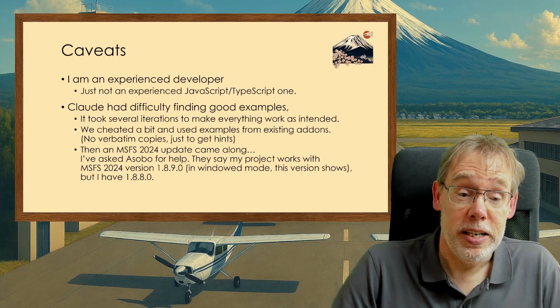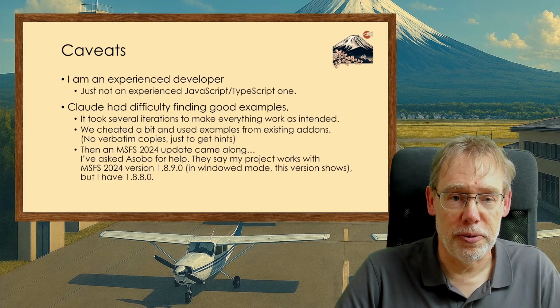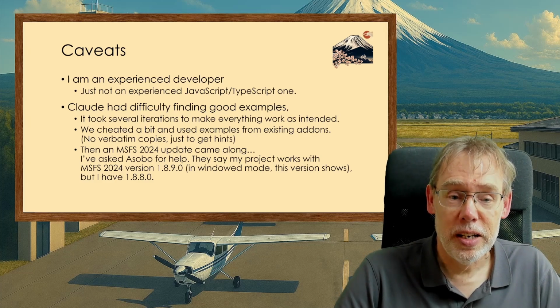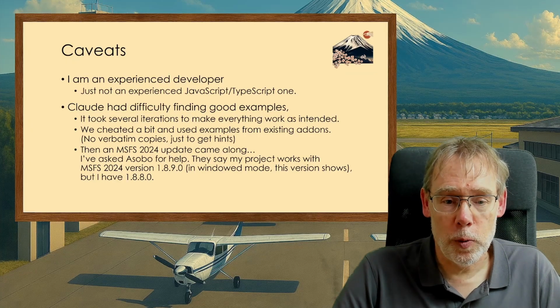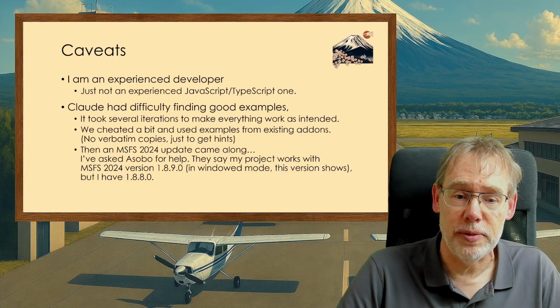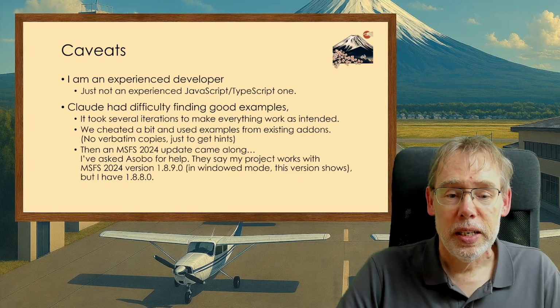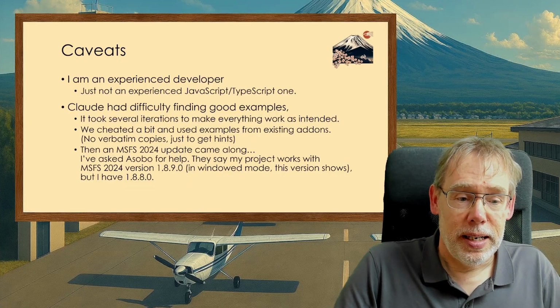And I simply am not set up for running different versions of Microsoft Flight Simulator other than just having one MSFS 2020 instance and one 2024 instance, and I don't have 5 PCs with 5 different versions of each. So I'm sorry, I have to do it like this. Let's continue.